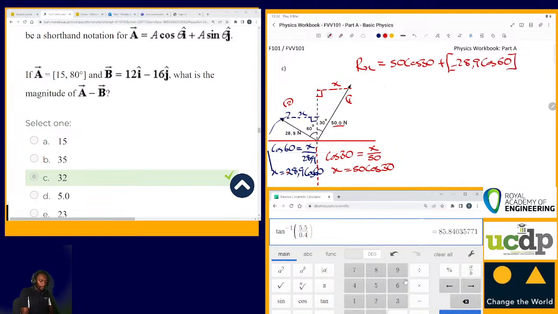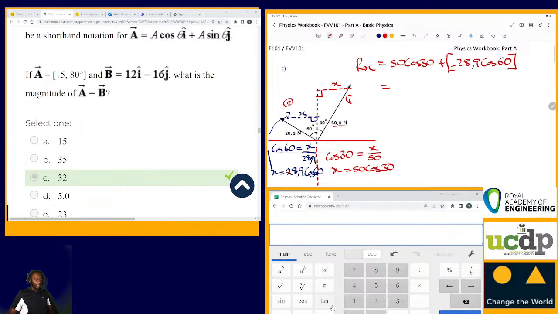You can punch that in our calculator. 50 cos 30 minus 28.9 cos 60.